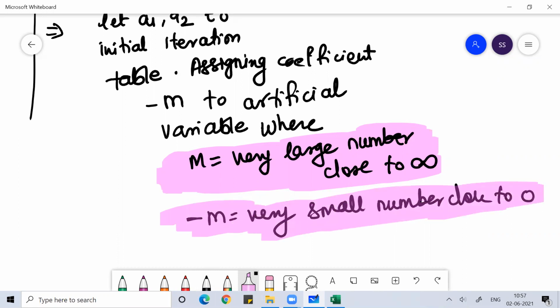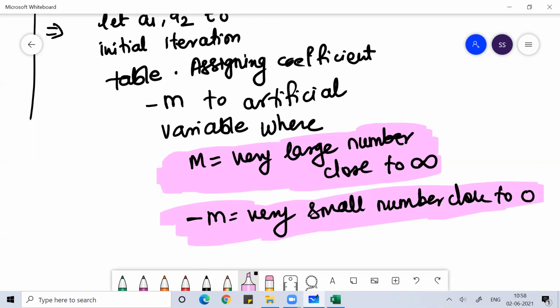What is the reason? The reason is that you put minus M so that it should not impact your solution. They are simply there, like when we do transportation problems. When we work on optimality, the MODI method, modified distribution method, there I'll teach you the test of degeneracy and the concept of epsilon.